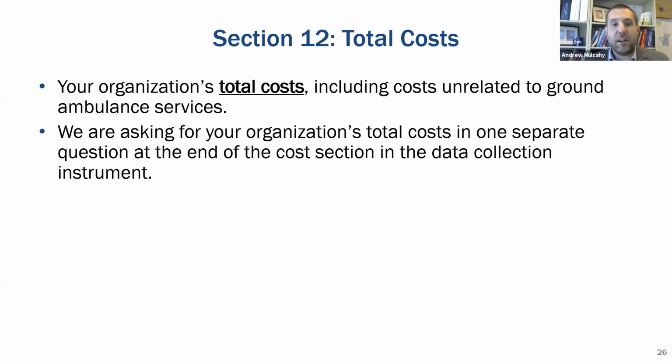If you are fire department-based, this would be the entire amount for your combined fire and ambulance operation, not just ground ambulance. The questions in the earlier sections are all worded and have instructions so that the ground ambulance component is able to be pulled out. But here's one of two questions where the ask is broadly across your entire operation.